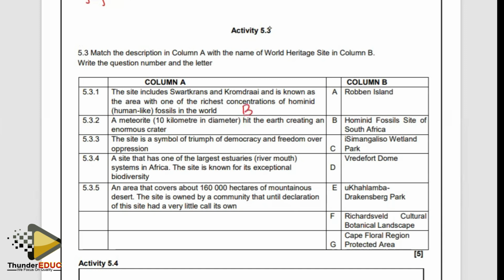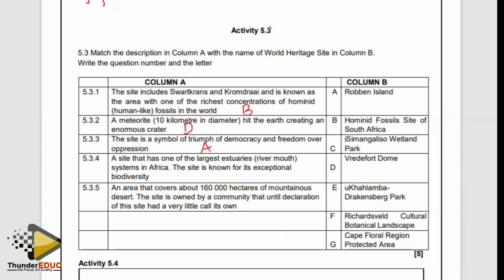Then a meteorite 10 kilometers in diameter hit the Earth, creating an enormous crater. That is known as D, the Vredefort Dome. Then the site that is a symbol of the triumph of democracy over oppression is Robben Island. So Robben Island in this case is A.